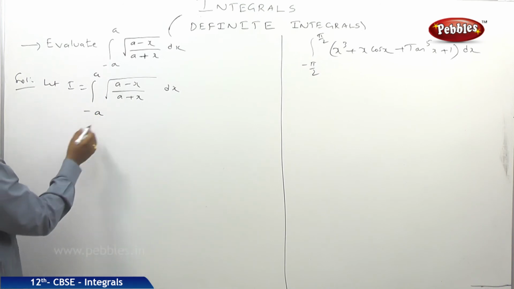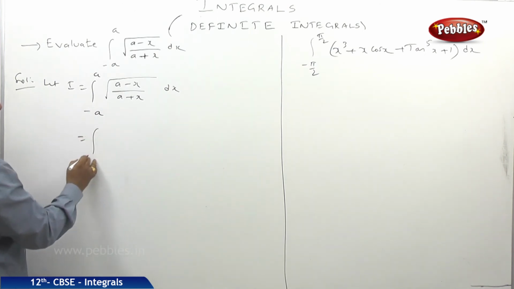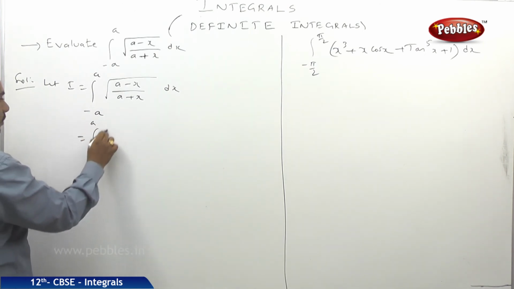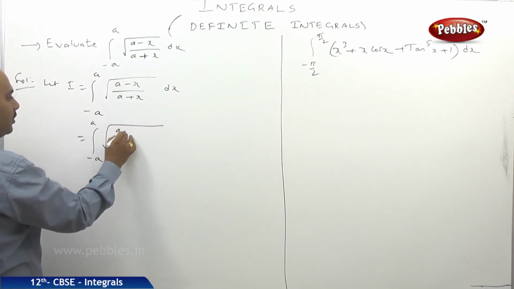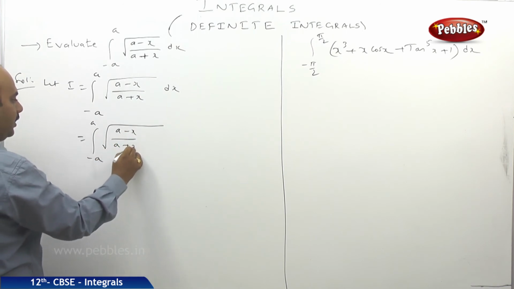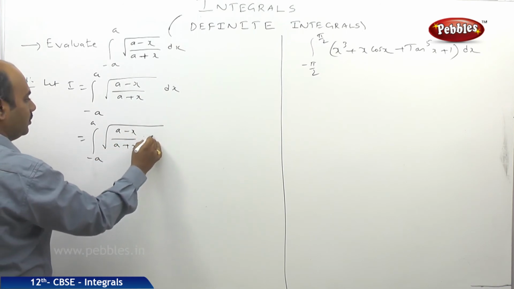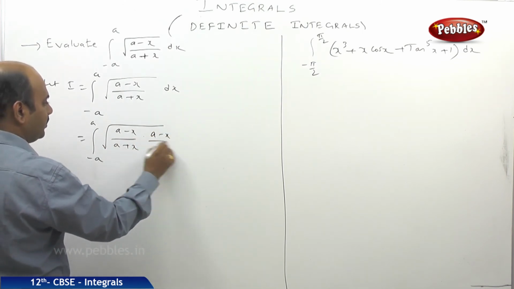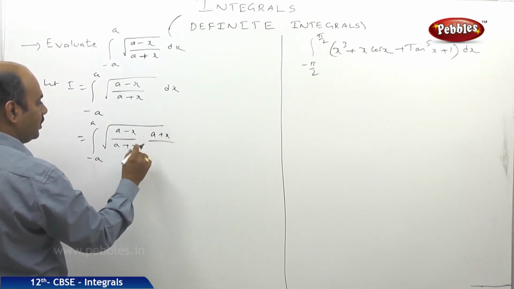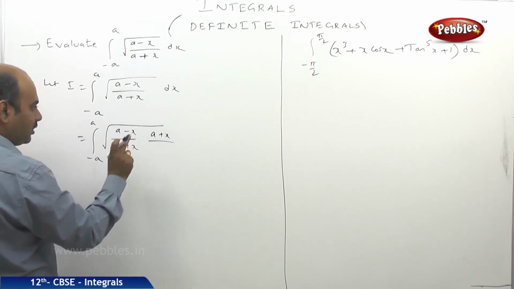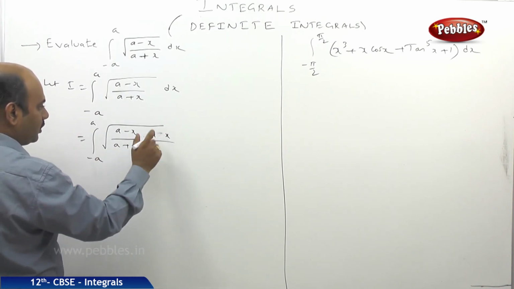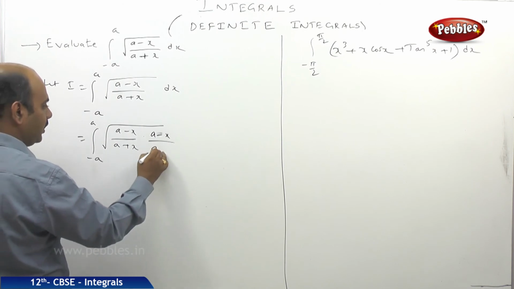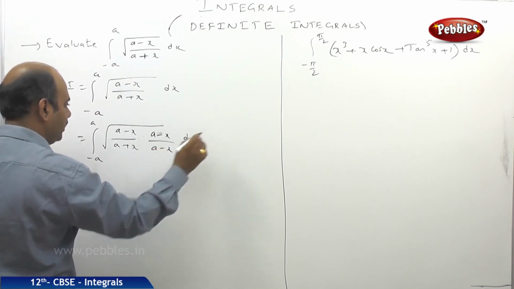I will rationalize our numerator, which is under the root. So under root of a minus x by a plus x into a minus x by a minus x, I will rationalize with respect to the denominator. So what happens? a minus x divided by a minus x dx.